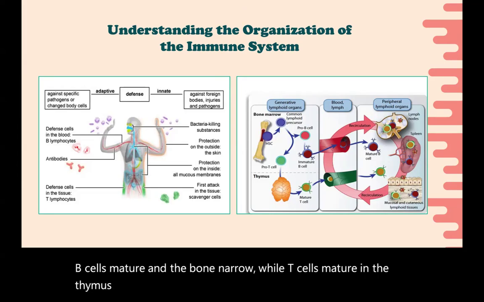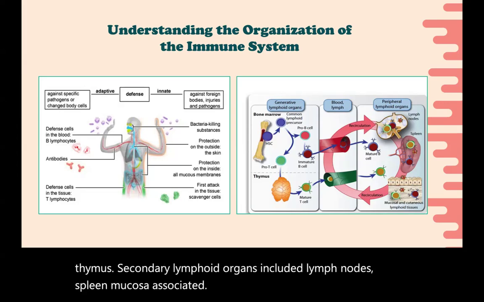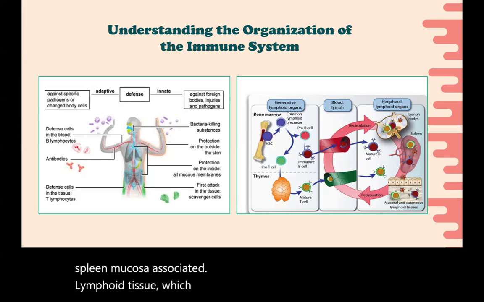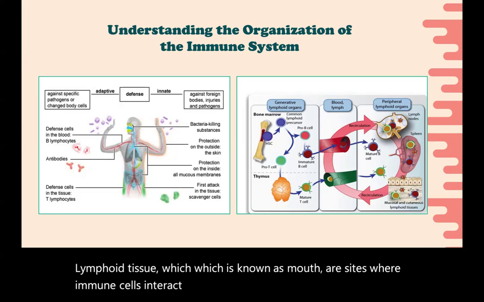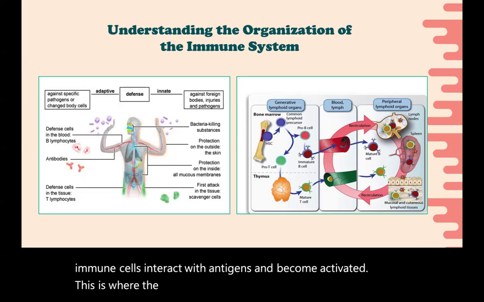Secondary lymphoid organs include the lymph nodes, spleen, and mucosa-associated lymphoid tissue, known as MALT, which are sites where immune cells interact with antigens and become activated. This is where the body monitors invading microbes.